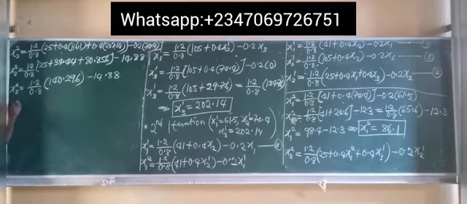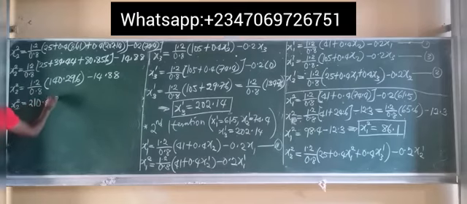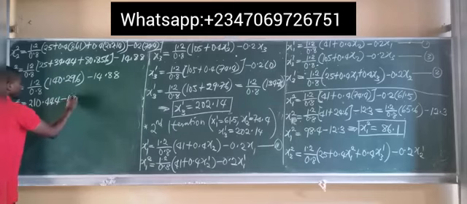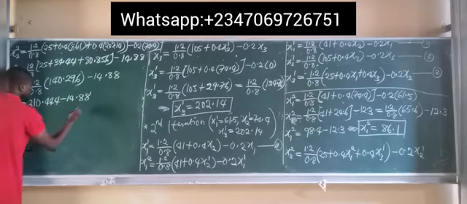Okay, we have x2 of 2 now equal to that multiplied by 1.2 divided by 0.8. So this gives us 210.444. All right, so put down minus 14.88.